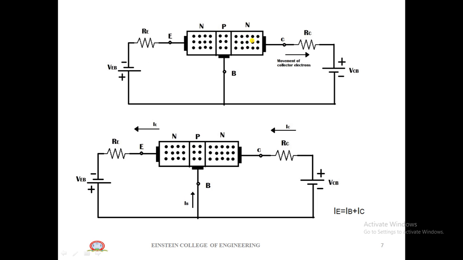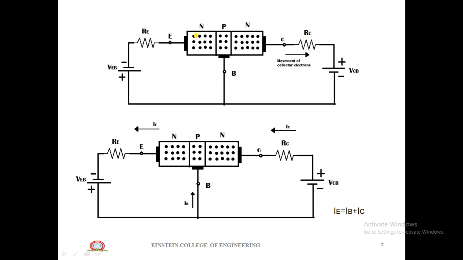The collector is connected to the positive terminal, so these electrons are attracted towards the positive terminal. This collector current is called injected current because the electrons emitted from the emitter are injected to the collector.